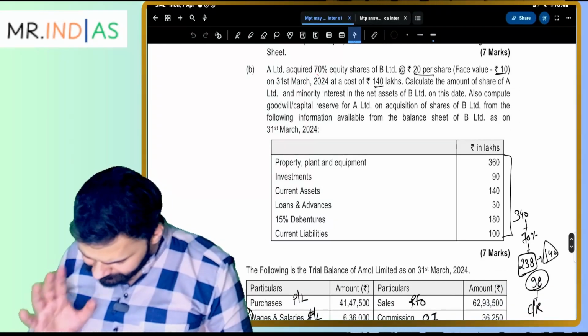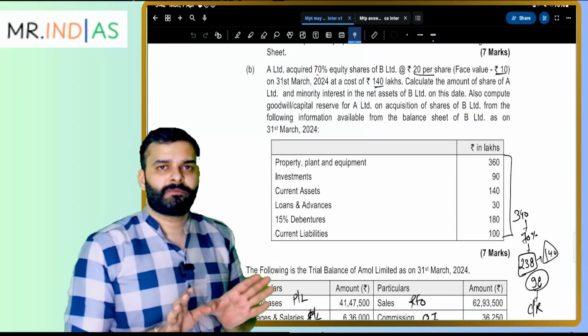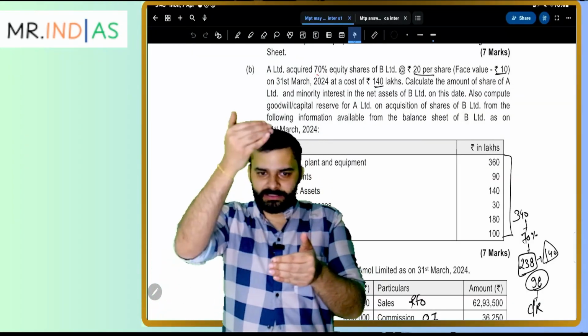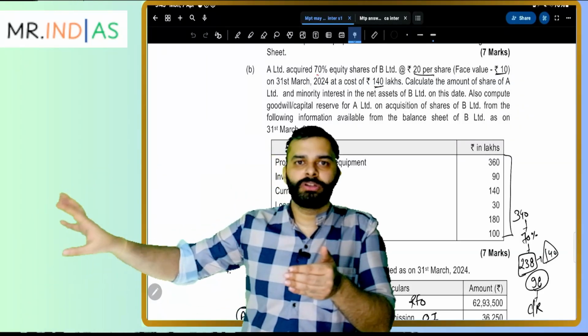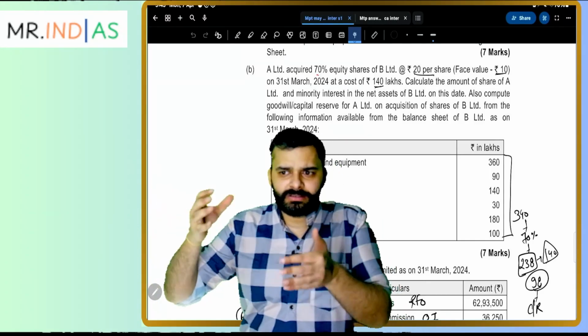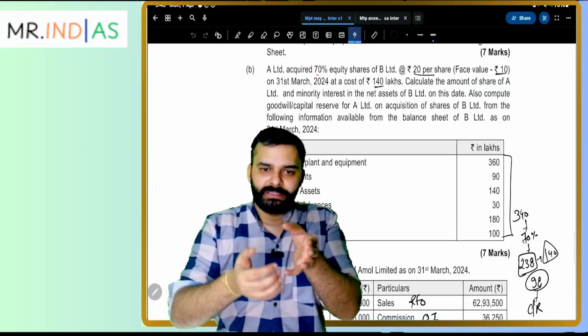So this is so simple. As I already told you, when you come into the picture, what is the position of net asset? That is the scenario. When you come into the picture, what is the position of the net asset that you have bought? This will get reduced from your investment and you calculate goodwill and capital reserve. When you came, this is the position of the company that you bought.